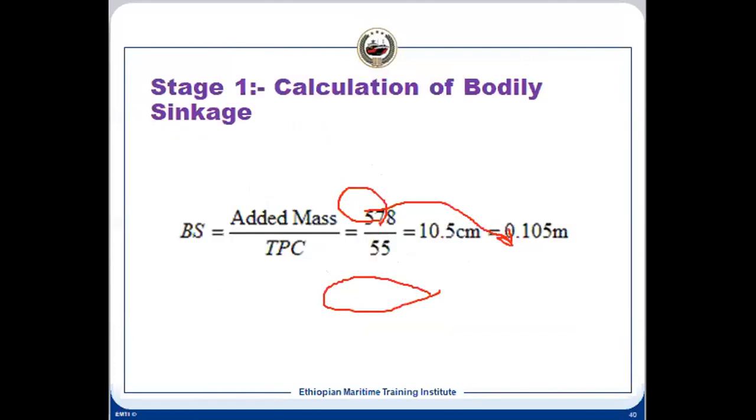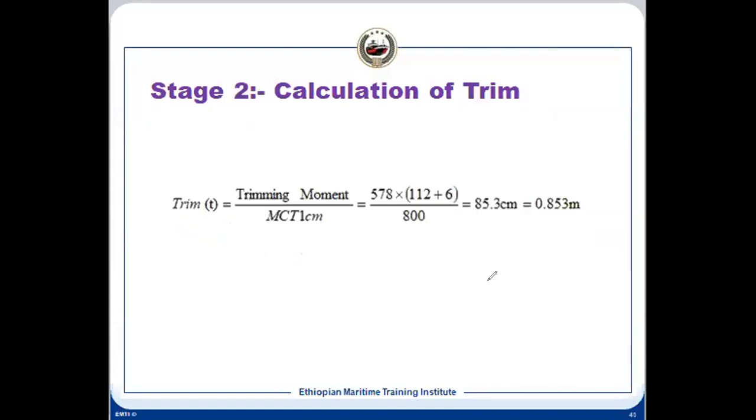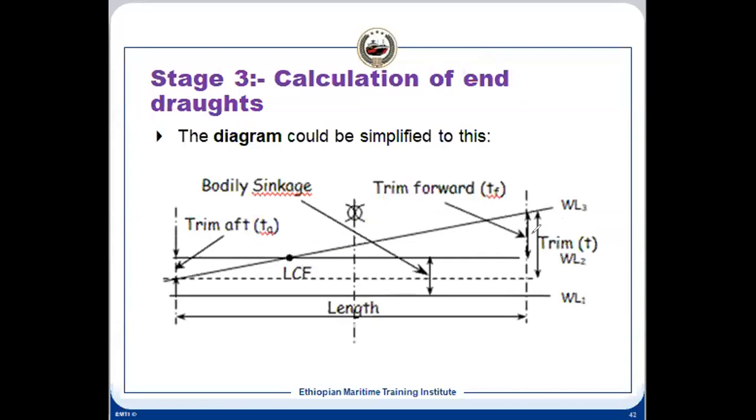So this is the value you have got, in centimeter. In centimeter it is 0.105, and then trim we have got 85.3, and in meter it is 0.853. And always, this diagram you draw when you are solving this kind of a problem.